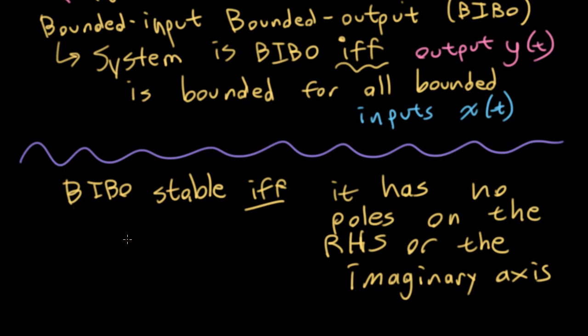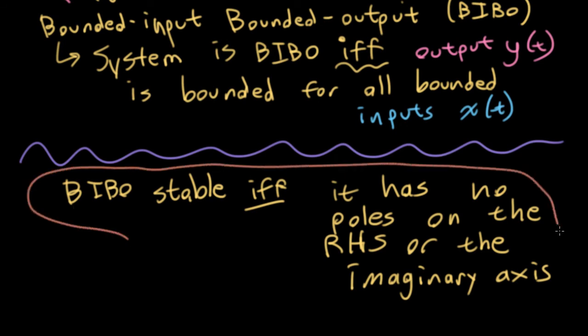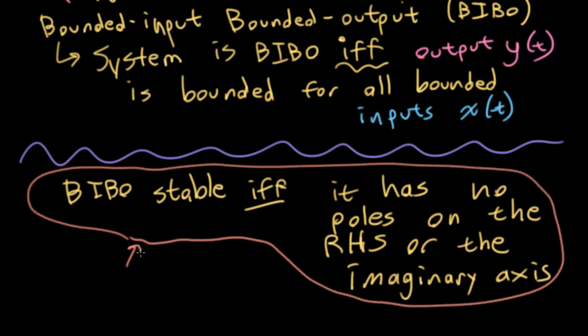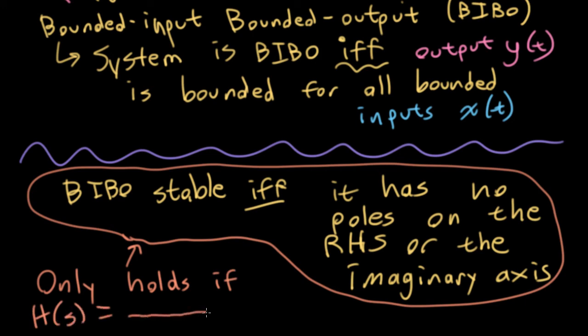Now, something that usually doesn't show up in junior signals and systems lectures is that this whole theorem has a caveat on it. This statement only holds in general if H of s can be written as a ratio of polynomials, as we have been doing. You know, we have s to the whatever plus blah, blah, blah, s to the n plus blah, blah, blah.